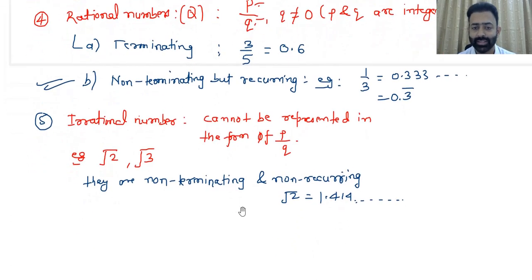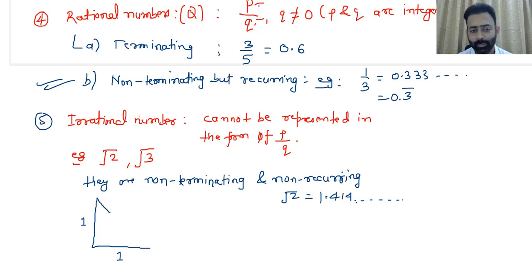How do these numbers exist in nature? Meaning, if we are calling them irrational, then what is the use of studying this? So just imagine that the Pythagoras theorem exists in nature, and say this side is 1 unit, or 1 kilometer, 1 meter, 1 centimeter, and the perpendicular side is also 1 unit.